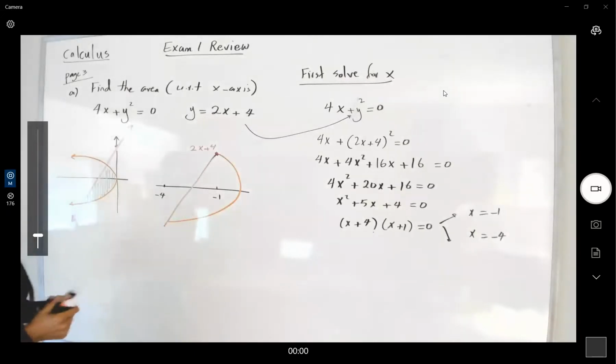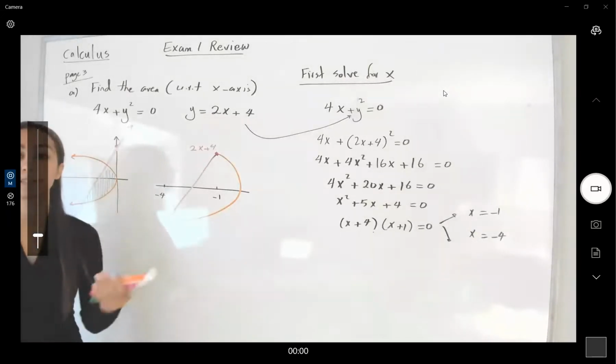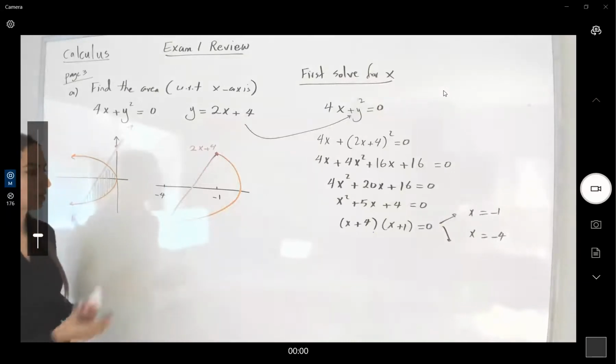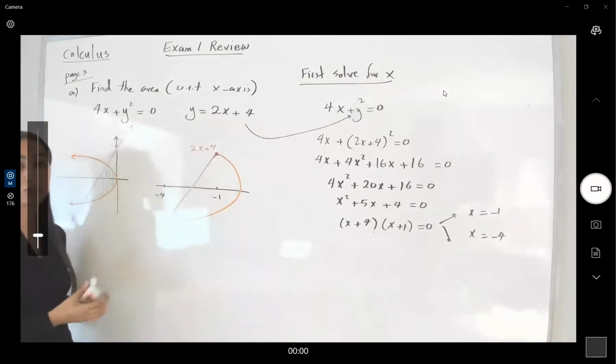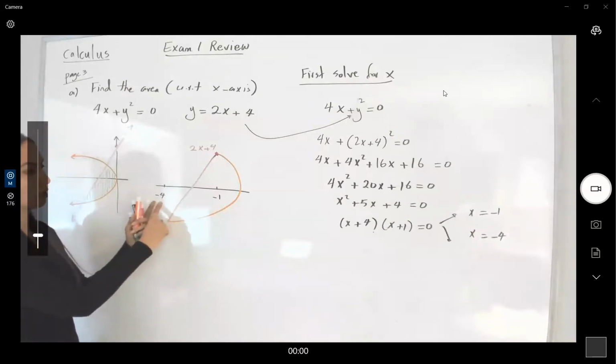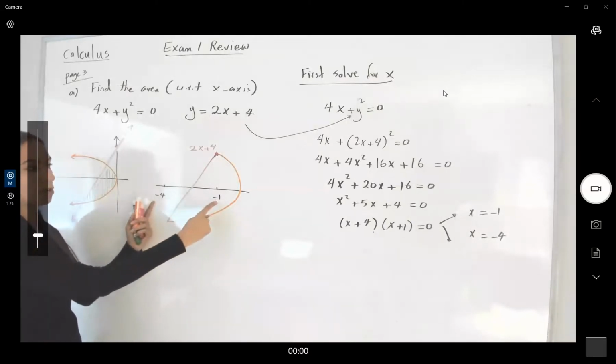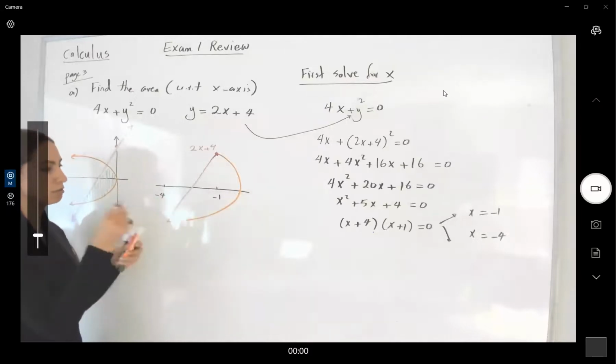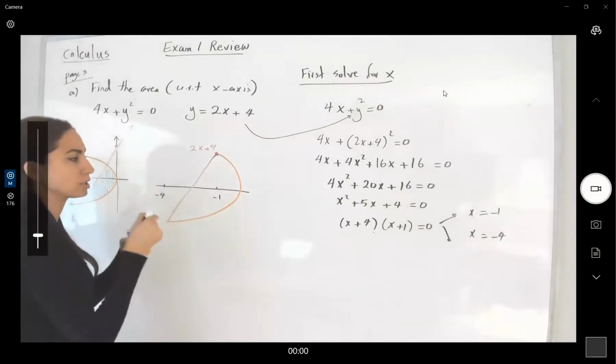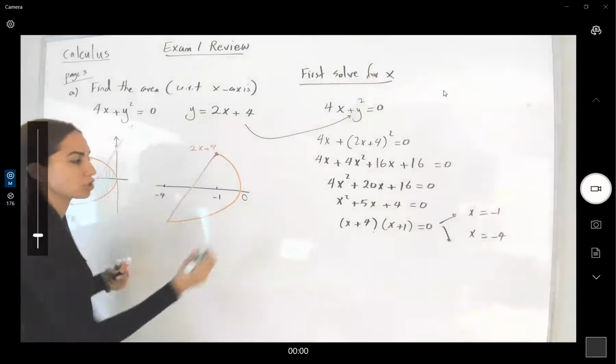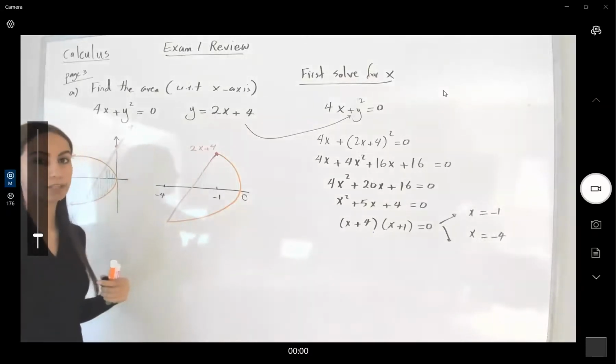So if you want to start taking the integral, it says with respect to x. Your x ranges between -4 to -1 to 0, and you have to divide and separate this region into 2 parts. Why is that?